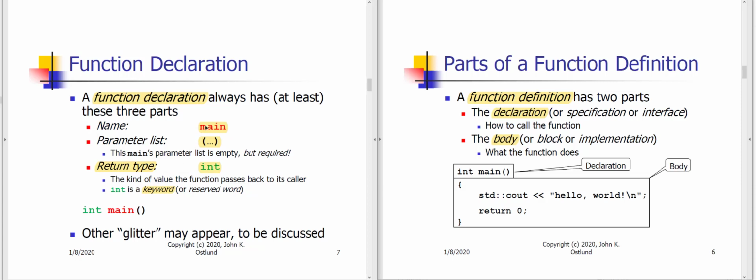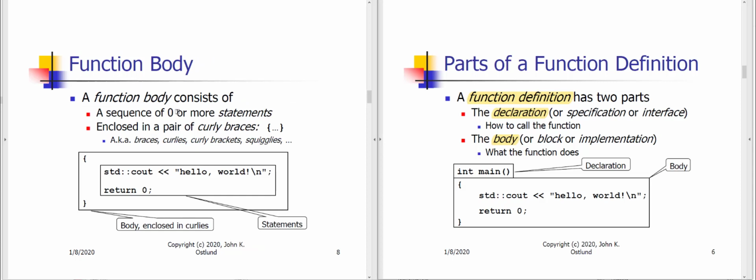Okay, so the function name, the function parameter list, and the return type are the three required parts of any function declaration. There may be some other stuff that will appear in that declaration line as well that we'll discuss as we get to it. Now, the body of the function is a sequence of 0 or more statements. The statements are simply executed in order, one after the other.